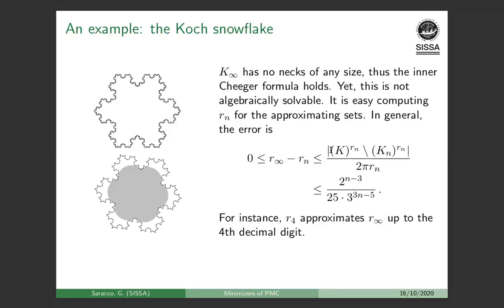It's controlled from above by the inner parallel set of the snowflake at distance small r_n, the inverse of the constant of this guy, set difference with the inner parallel set at distance small r of this guy. And you can actually do the computation and estimate this from above, and in doing so, you get this error estimate.